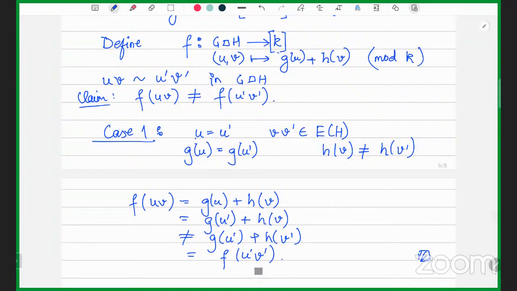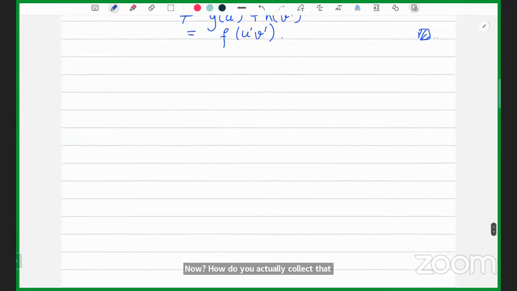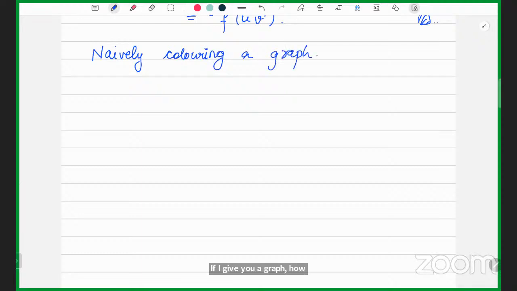Now, how do you actually color a graph? This is the only interesting thing left to talk about, or rather the gist. One easiest way, naively, if I give you a graph, how would you start coloring it?